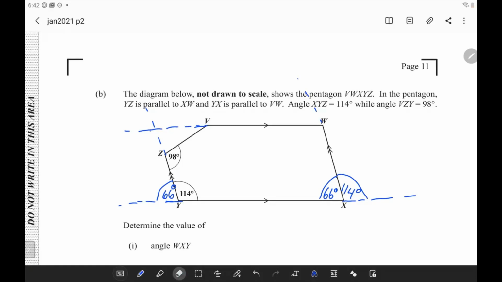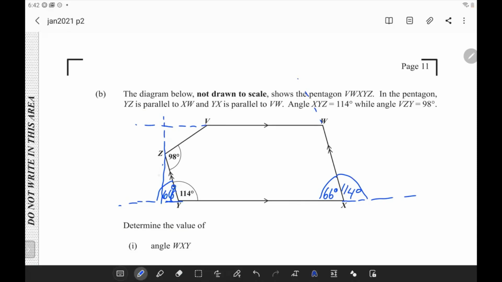But instead of doing this one, I would like to drop a perpendicular this way. So I would extend this line and do a perpendicular line like that. If this is 66, hope you can see where it's coming from, because the angle here is still 66.